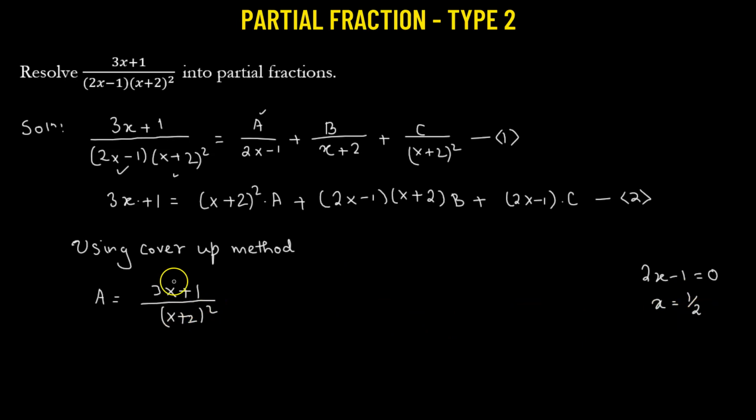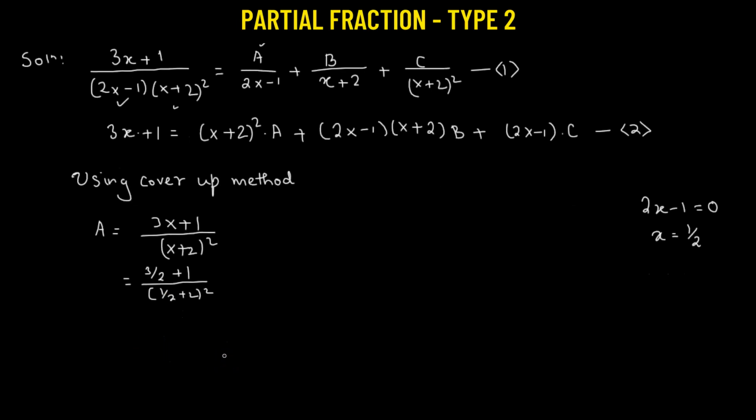Now we'll substitute the value of x with 1 over 2 to find out the value of A. So we have 3 over 2 plus 1 divided by, we have half plus 2 whole squared. That's going to give us 5 over 2 in the numerator divided by 5 over 2 whole squared in the denominator.